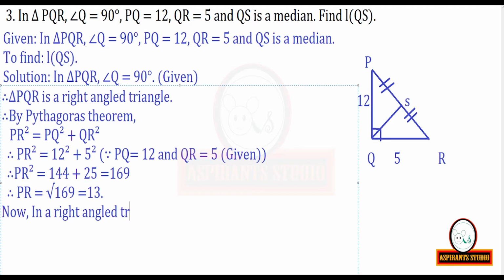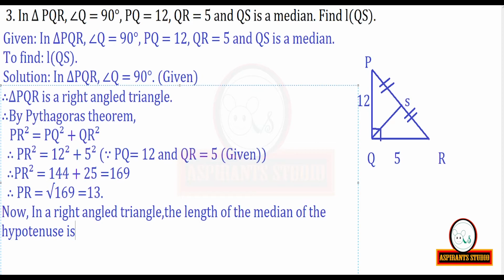Now, in a right angle triangle, the length of the median to the hypotenuse is half the length of the hypotenuse. You have to find the length of the median QS.